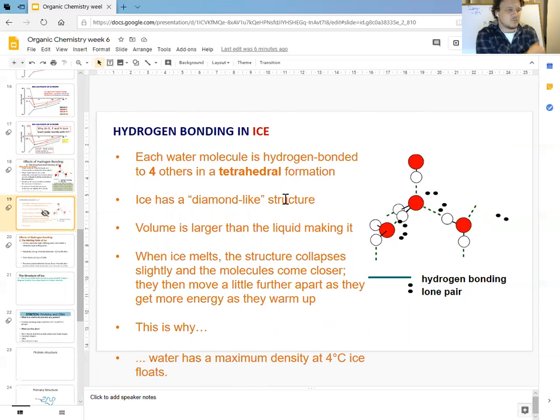I don't know if you've ever seen ice under a microscope. It's actually really quite beautiful. That's why snowflakes can have their cool little patterns on them. And they actually increase in volume. Like I said, put a plastic water bottle in the freezer and you will end up with a broken or very deformed water bottle.